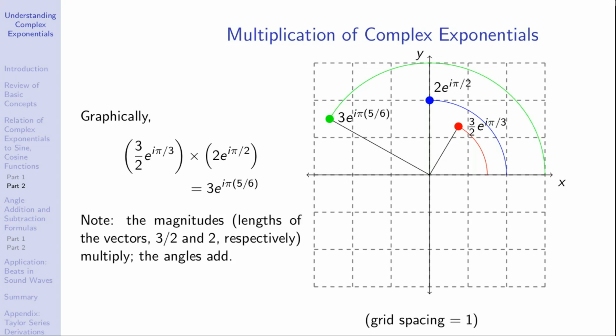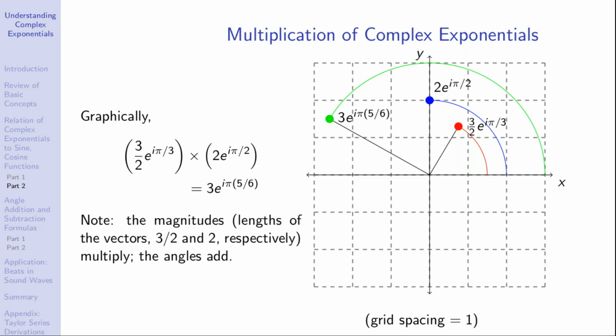Okay, let's look at that same example graphically. We were multiplying together two factors. The first one is 3/2 e to the i pi over 3. That factor is represented by the red dot. The second factor was 2 e to the i pi over 2. That is represented by the blue dot. And their product was 3 times e to the i pi times 5/6.